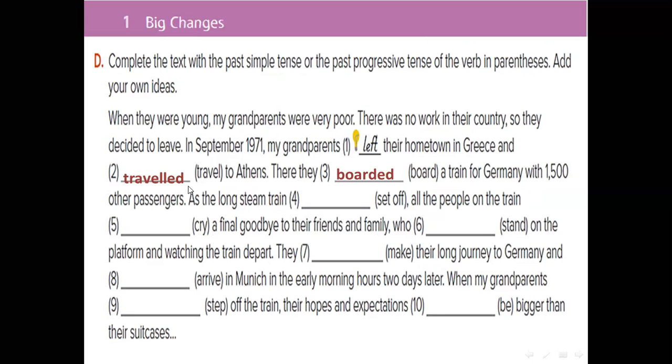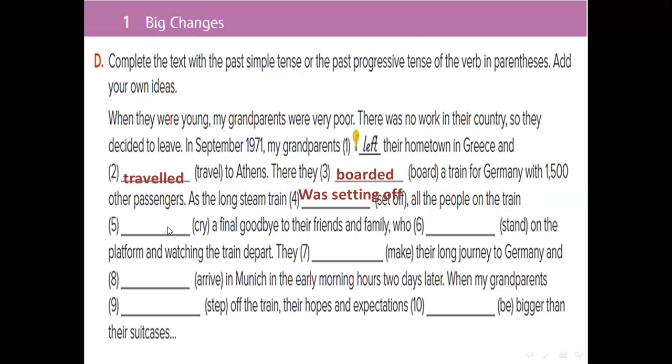Here, as is followed by past progressive, and the subject is singular, so we will use, excellent, was setting off, was plus ing. And the next verb after as will be past form.